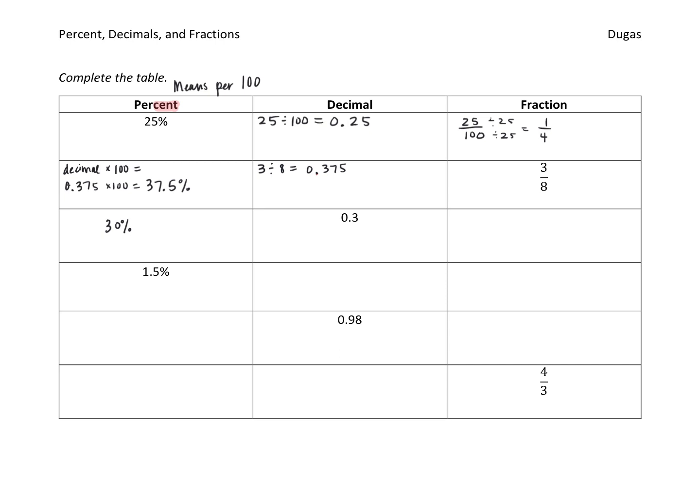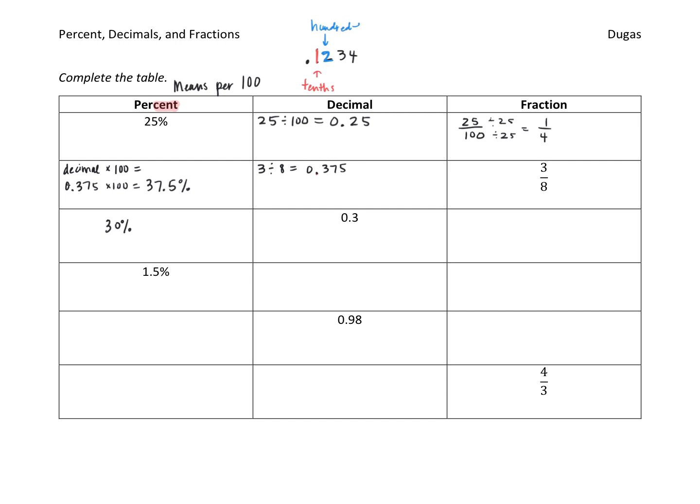And if you want to change the decimal to a fraction, you can do that as well. Remember your place values. So the 1 is in the tenths place. That means it would be over 10. The 2 is in the hundredths place.